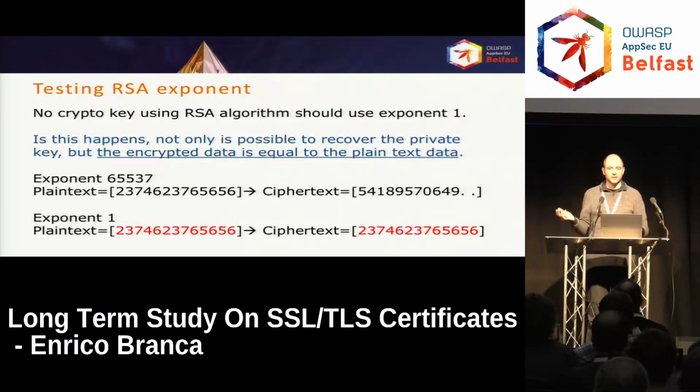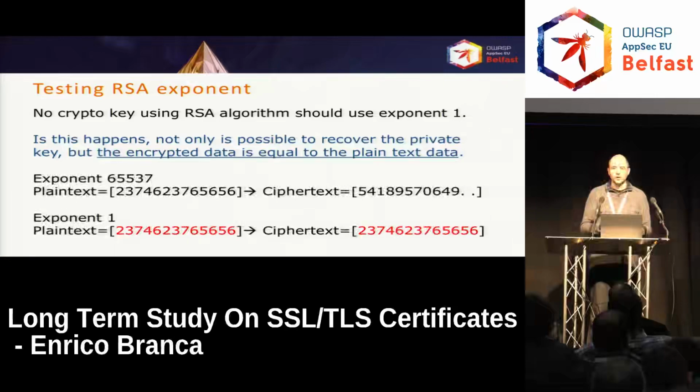So you use RSA encryption, but there is no encryption. And the system will say, okay, you have encryption, everything is green, but I didn't encrypt anything because you told me not to encrypt anything. And because the exponent is 1, you can recover the key because all the mathematical part is broken. But it's very fast because you use 1.